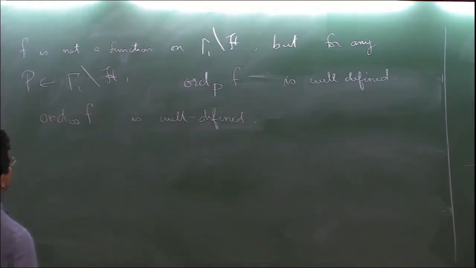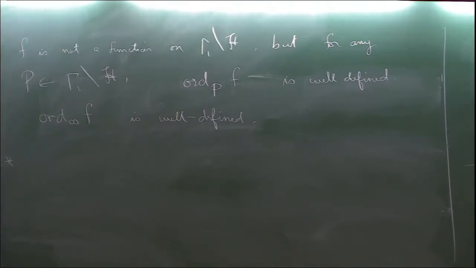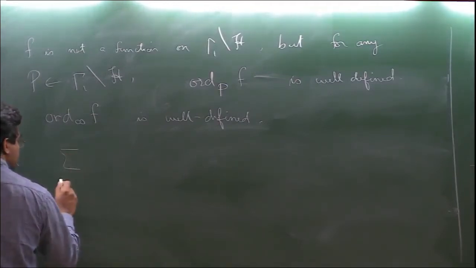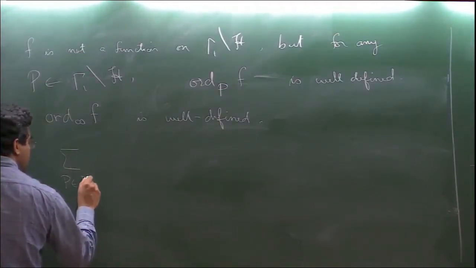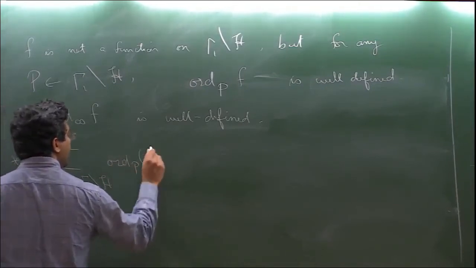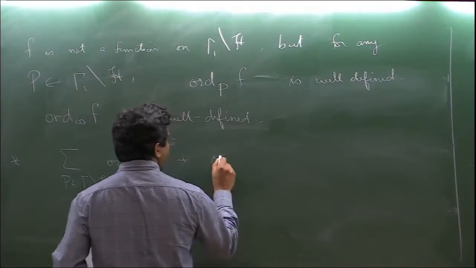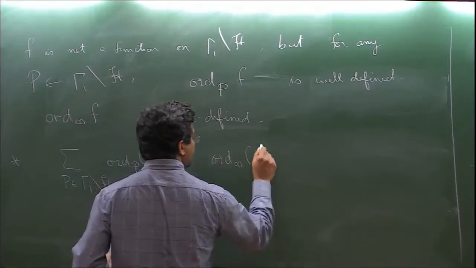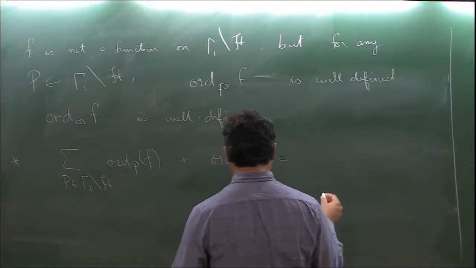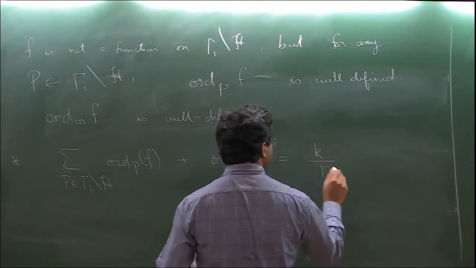Okay, so the first thing we prove is to get the inequality, and this is the main step anyways, that the summation over p in Gamma 1 over H of ord_p of f plus ord at infinity of f is equal to k by 12.